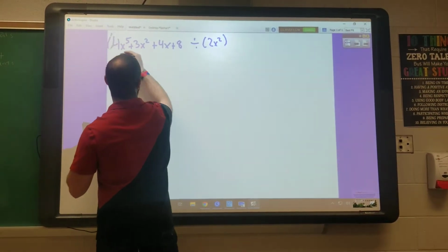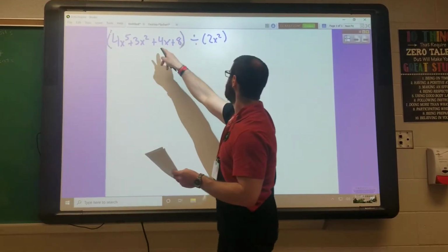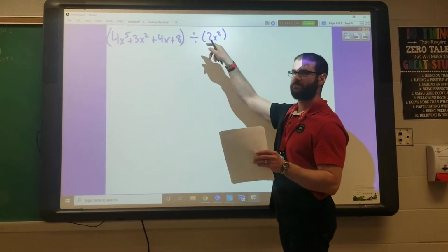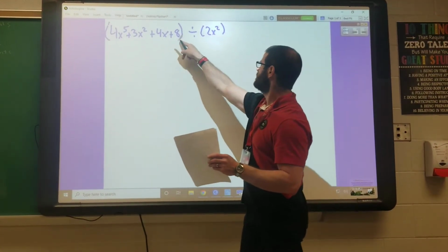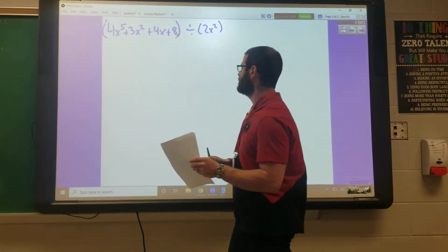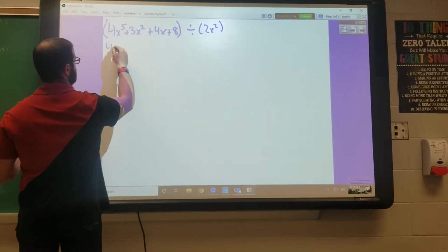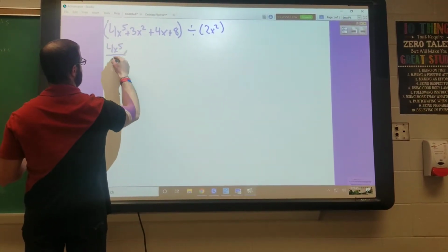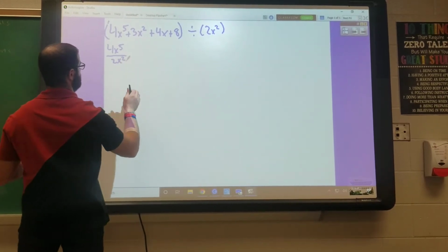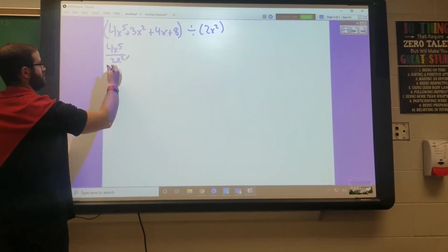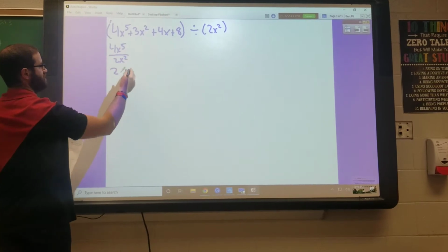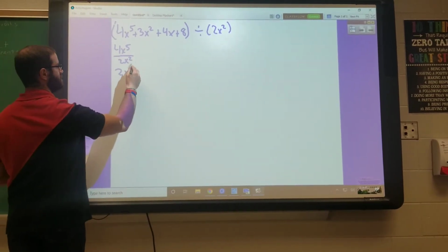Okay, so this is my polynomial divided by the monomial. So that means I'm taking each one of these terms and dividing by 2x squared. Okay, so here we go. 4x to the 5th divided by 2x squared. 4 divided by 2 is 2. X to the 5th over x to the 2nd. 5 minus 2 gives us x to the 3rd.